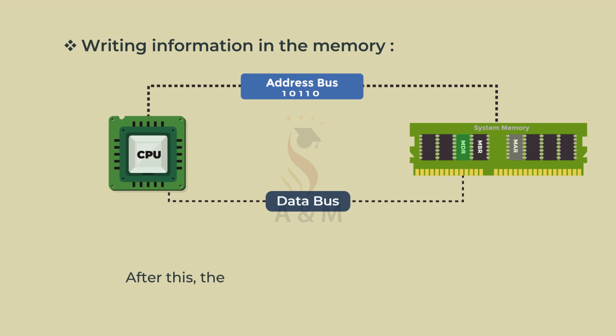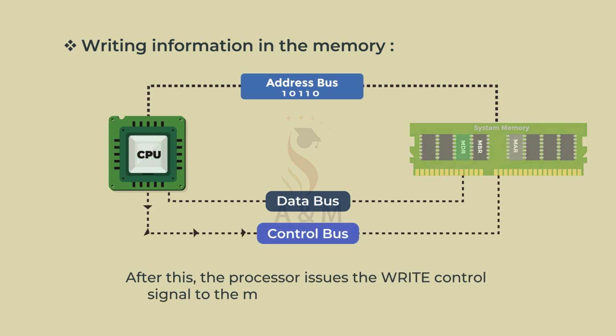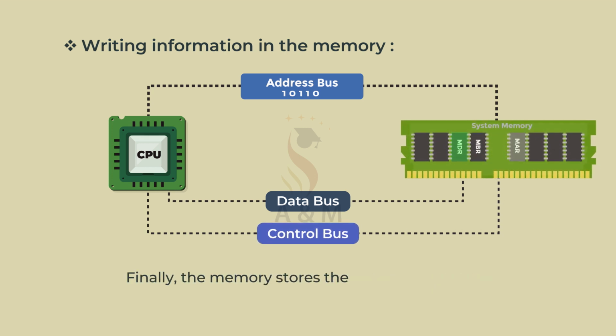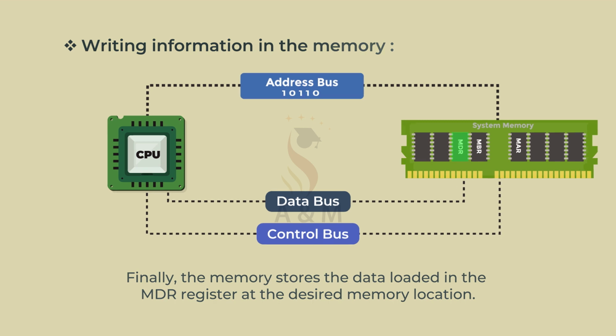After this, the processor issues a write control signal to the memory using the control bus. Finally, the memory stores the data loaded in the MDR register at the desired memory location.